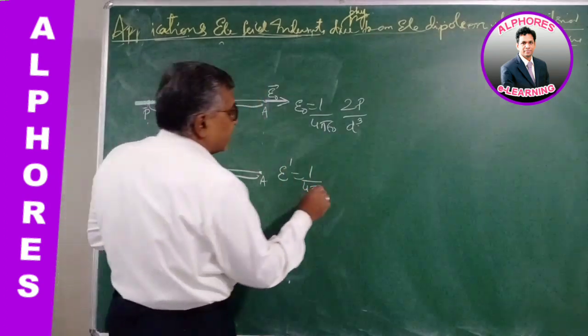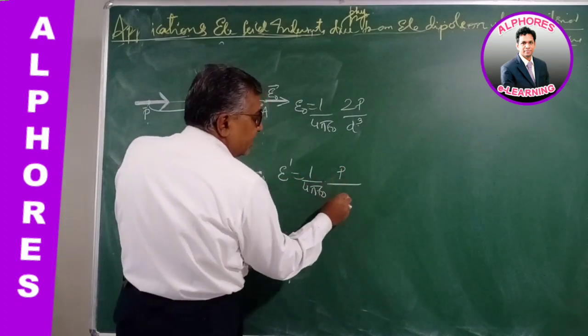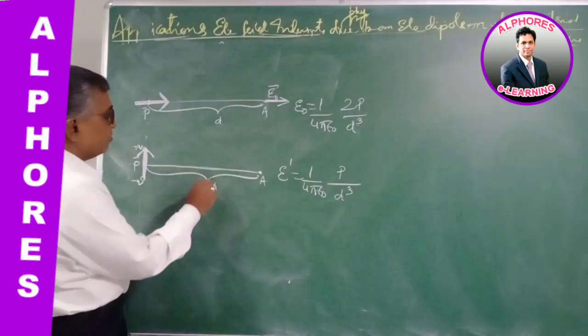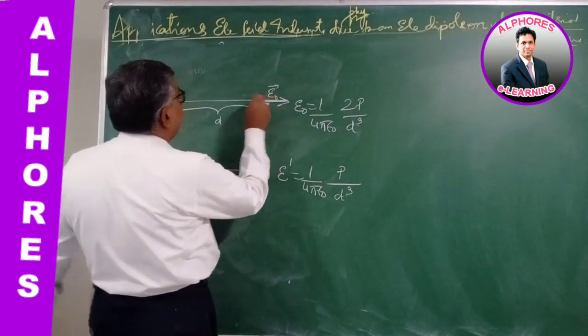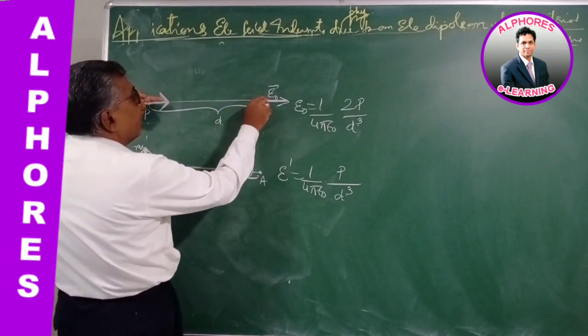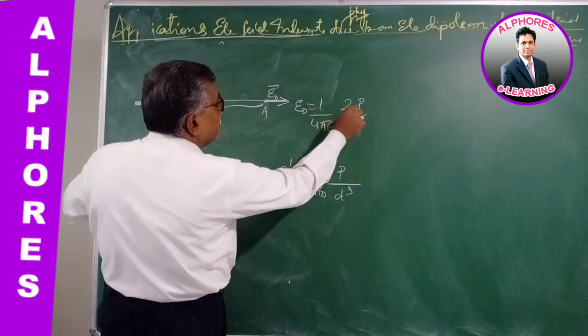The dipole moment is P and the distance of the point is d. When the dipole is in this form, the point A lies on the axial line, and the field is 1 by 4 pi epsilon naught times 2p by d cube.